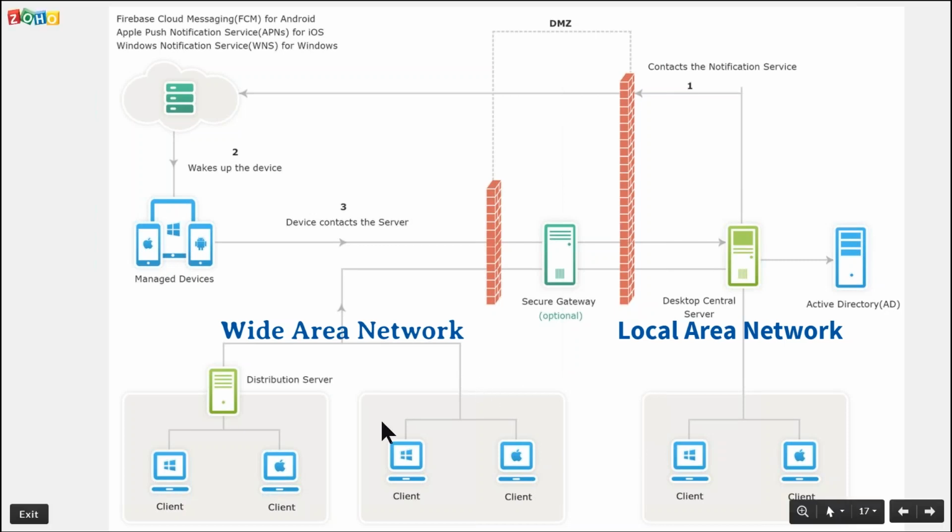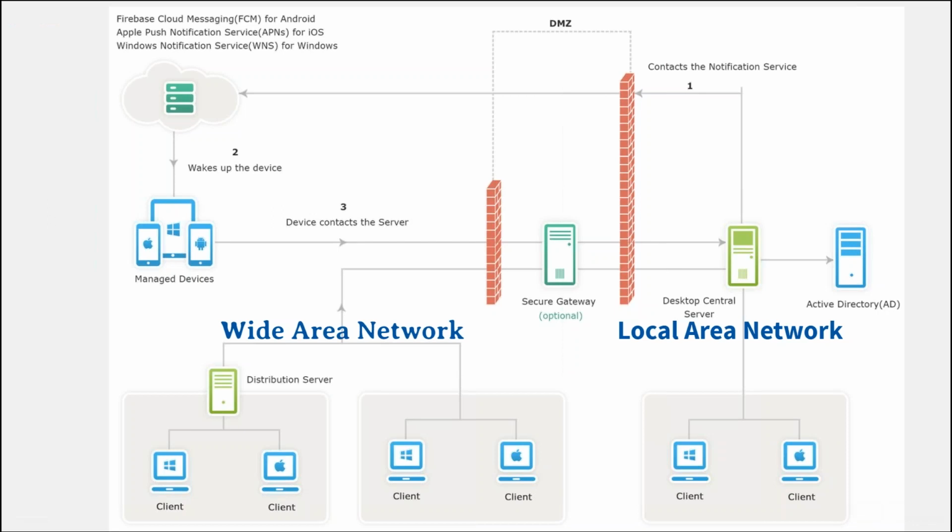Right here, as you can see, we have this unique component called the distribution server, which acts as a bridge between your computers in your wide area network or your branch offices and your Desktop Central server. Consider a case where you deploy a patch from your centralized Desktop Central server. As I told you, Desktop Central follows a client-server model.